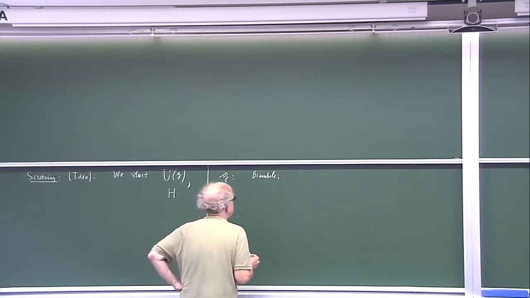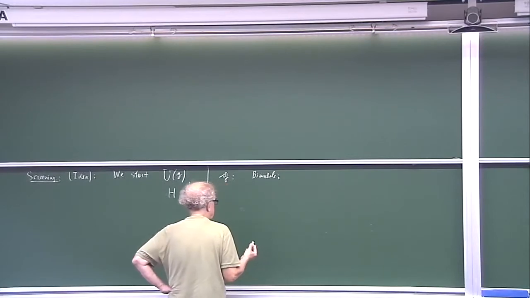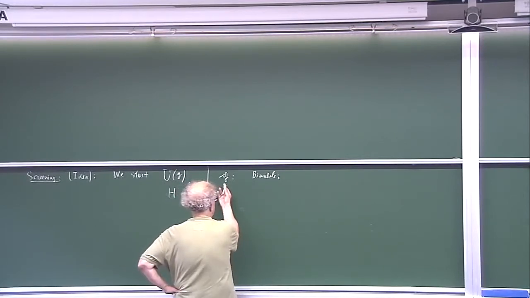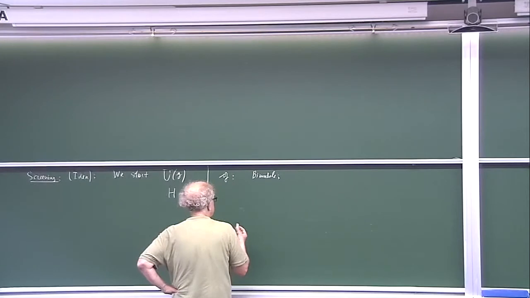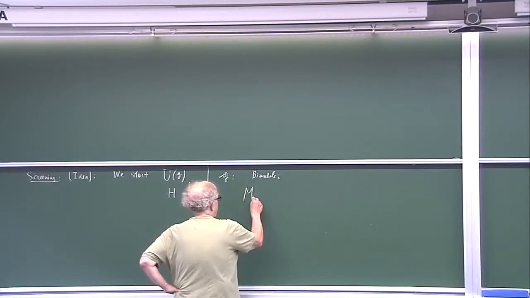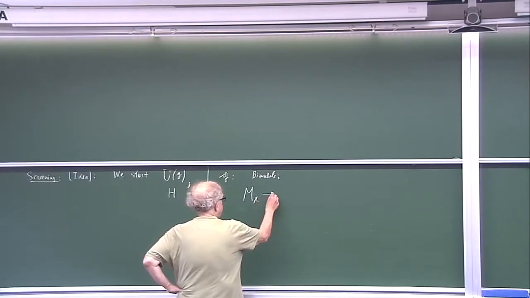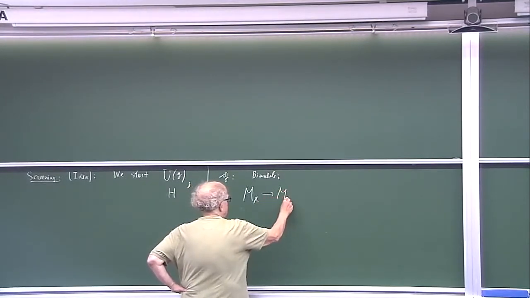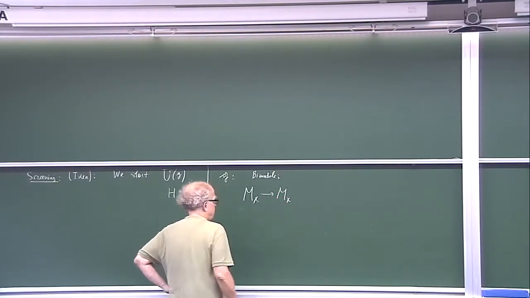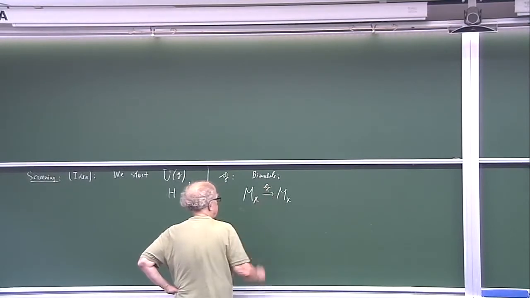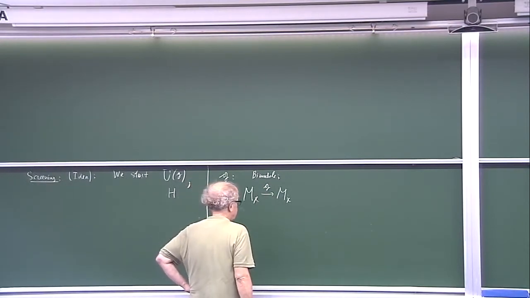The construction of this bimodule was the following: suppose we take this adjoint representation G, and suppose we take some Fermat representation of G. And suppose also that we have a vertex operator of such kind.